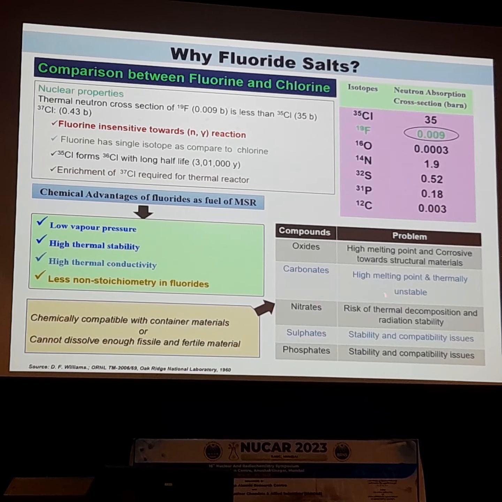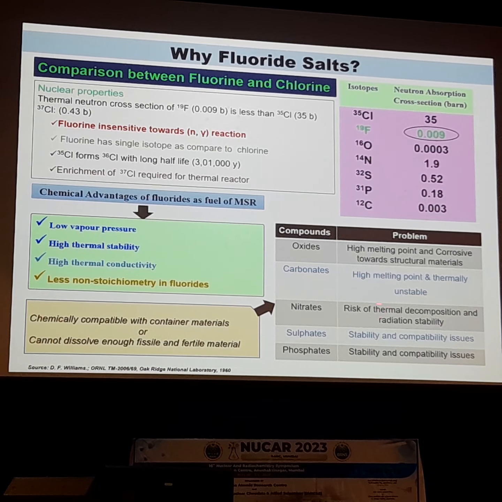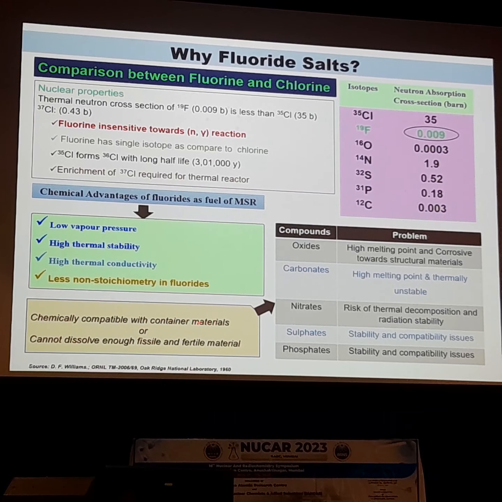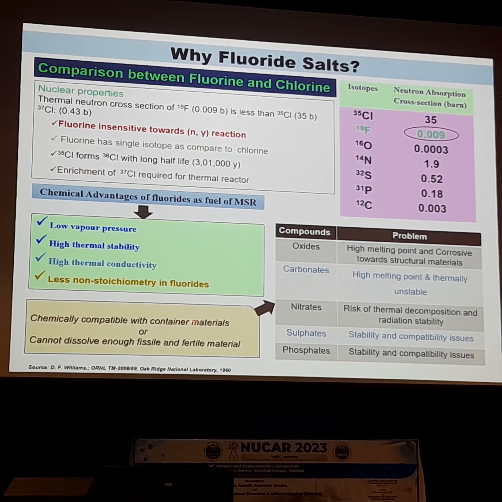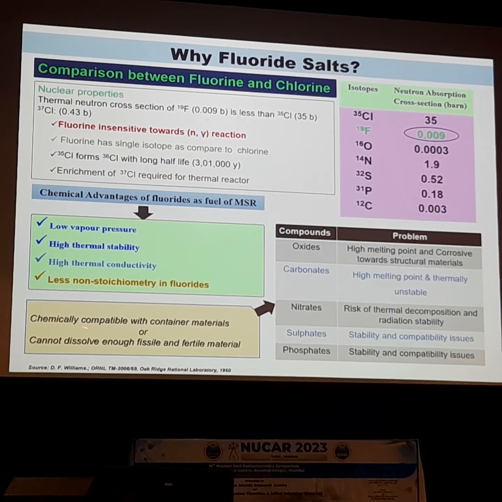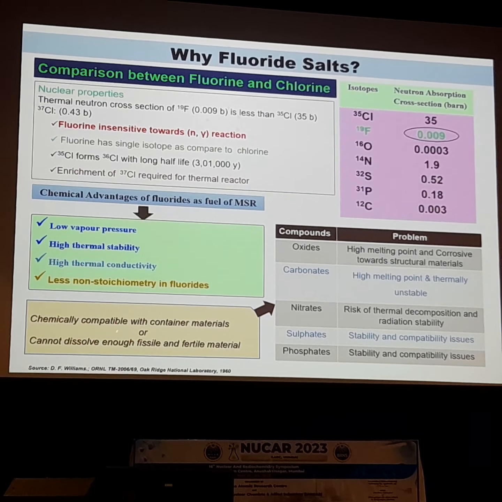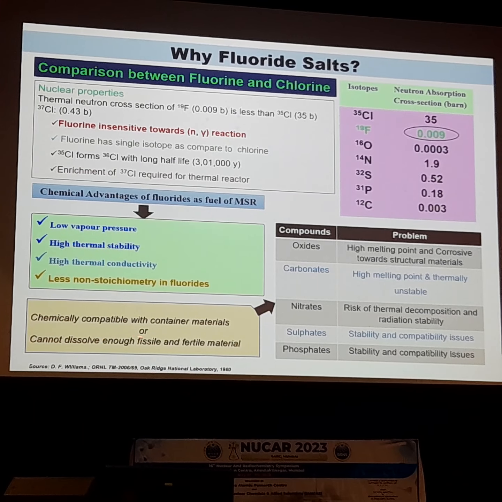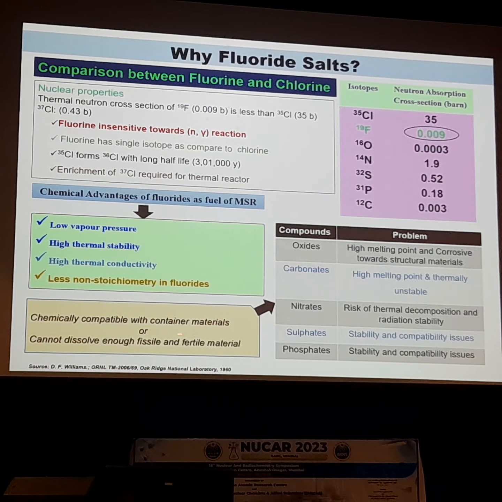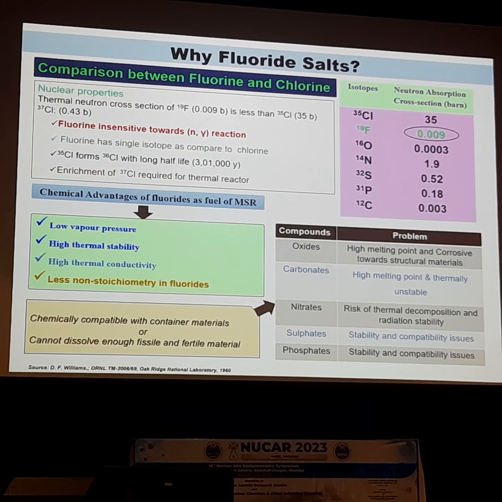They have less radiation stability, and in most cases they are not suitable with container materials. They actually interact with the container material, so they are more corrosive. At the same time, one key feature is that sometimes they cannot dissolve enough fissile or fertile material, because enough fissile material dissolution is required in a molten salt reactor to be critical.